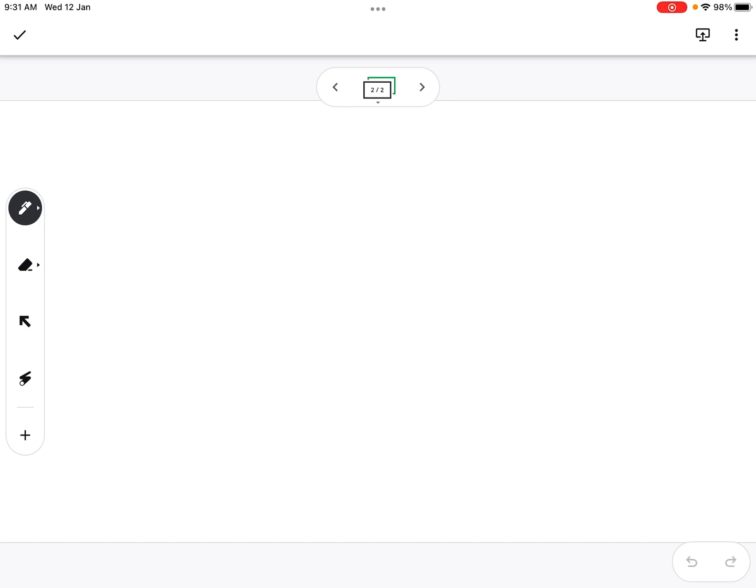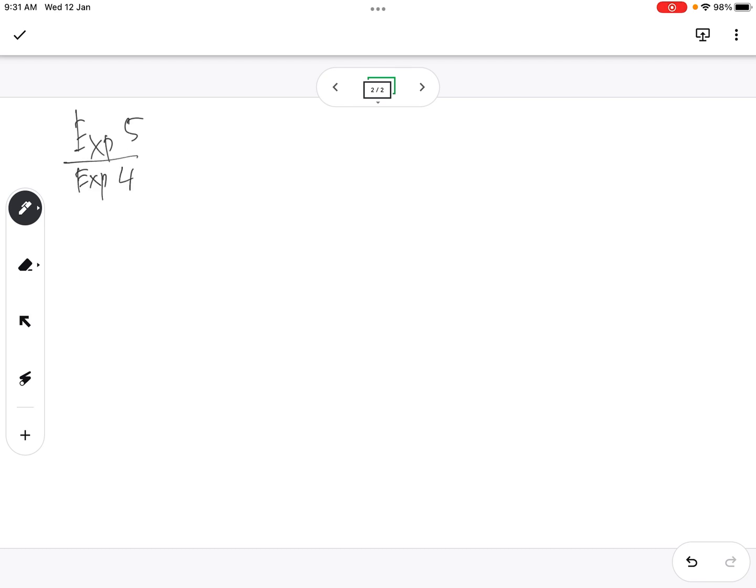Experiments 4 and 5. Okay, let's try experiment 5 divided by experiment 4. I substitute the values straight away. Start with experiment 5, 0.010, divided by experiment 4, 0.010. And then k, don't forget the k.